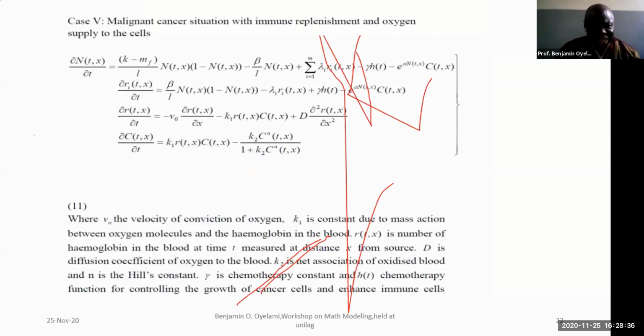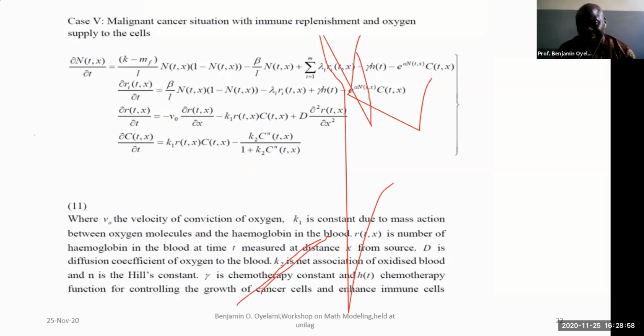So we have the general situation here. I told you one of the easier ways to control any disease is to cut that disease off from getting a supply of oxygen, because oxygen is very, very important.